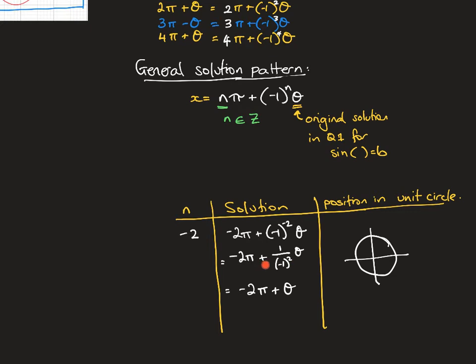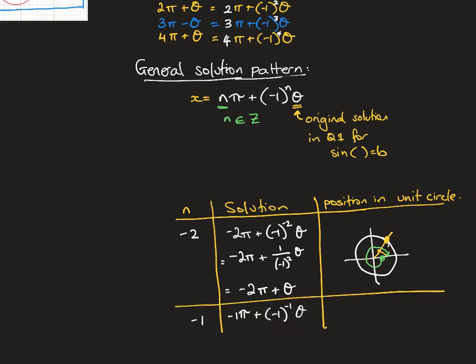So this still becomes a positive, and we're left with minus 2 pi plus theta. Now on the unit circle, if we start at 0 and go minus 2 pi, that brings us around to here. If we then add theta onto that, that brings us back to here, puts it in our first quadrant and gives us the solution that we want.